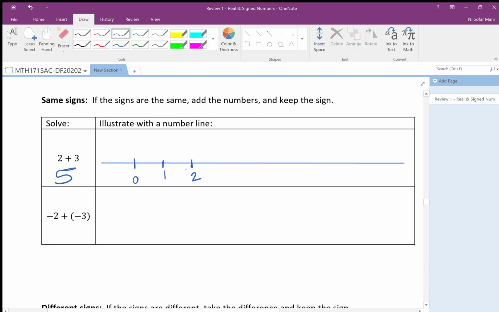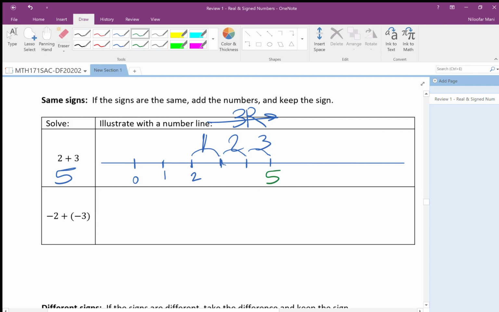So I find 2, and then I do 1, and then I do 2, and then I do 3. My destination is my answer. I start from 2, because it's plus 3, I go 3 units to right. And the destination is the answer.